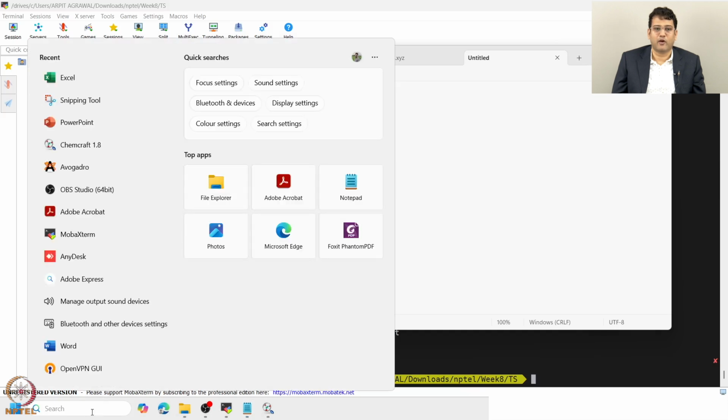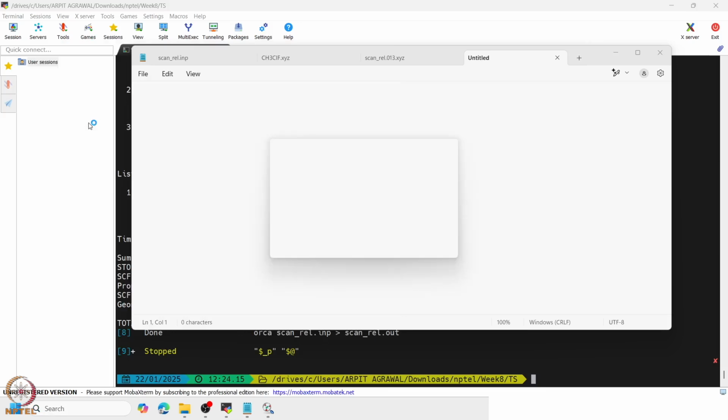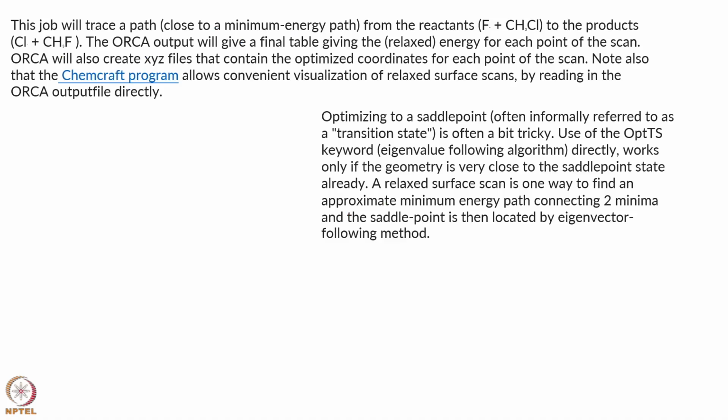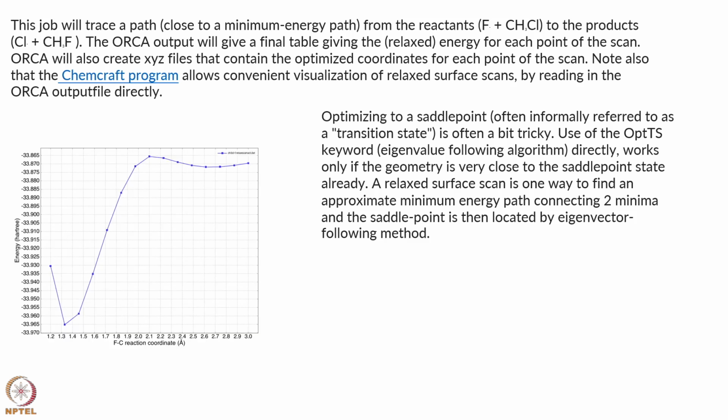I have closed my PowerPoint. So what happened due to the scanning is that it has traced a minimum energy path along the reaction, and so of course the output will give a final energy of the scan, and in ChemCraft you are directly visualizing it. Now as we have got the correct point, it is close to the transition state.